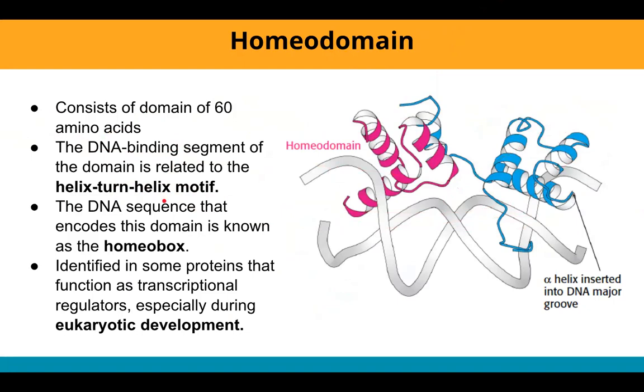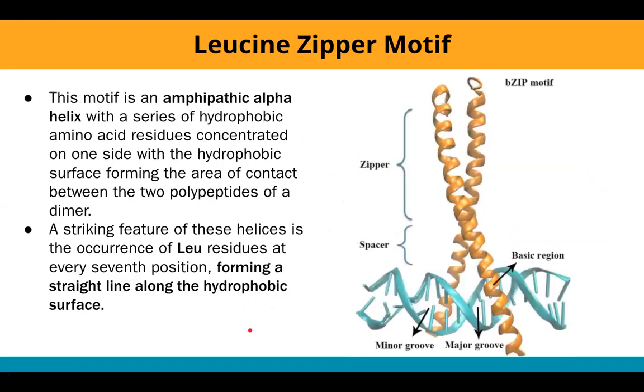The DNA sequence that encodes this domain is called the homeobox. It is identified in some proteins that function as transcriptional regulators, especially during eukaryotic development.